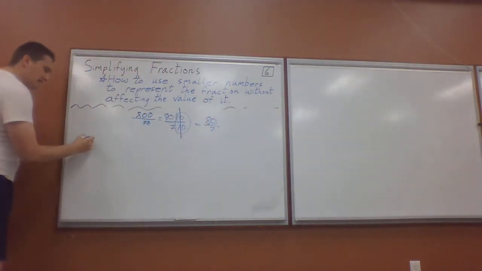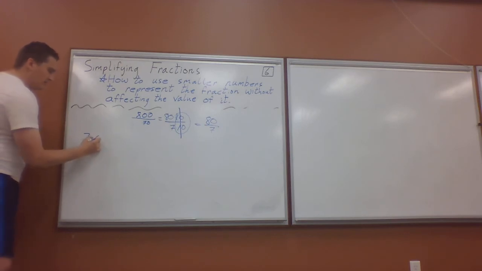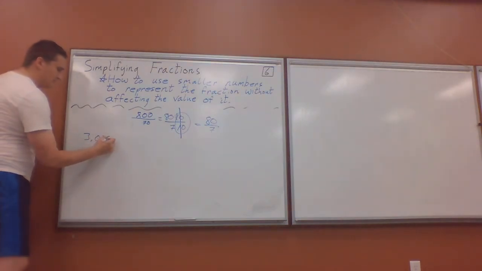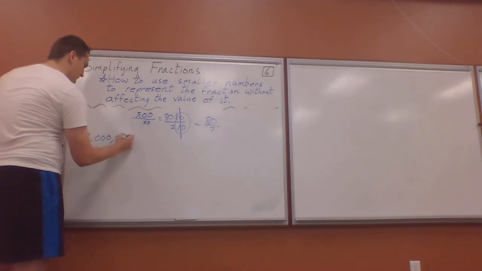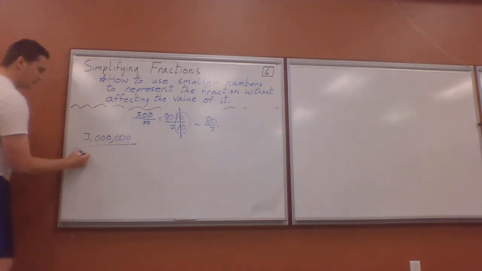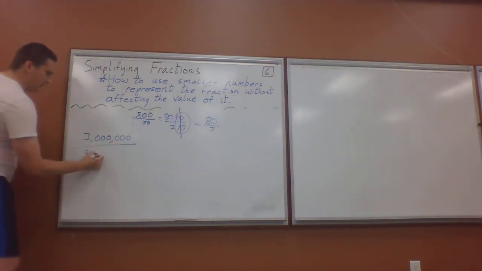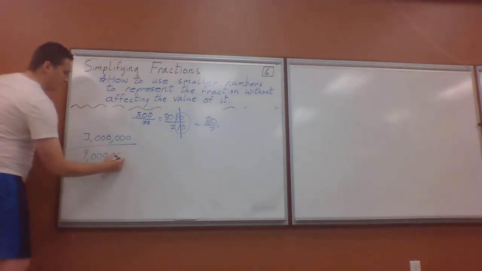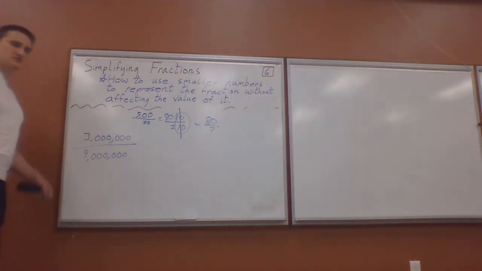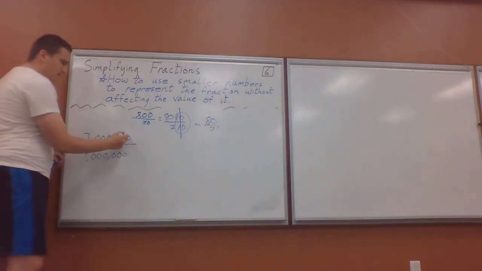So if you had something like 3 million over 9 million, here's what I urge you to do. Look at all the zeros here, cancel them out one at a time there.